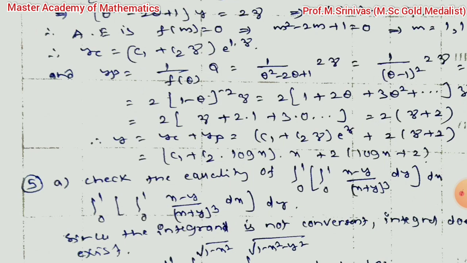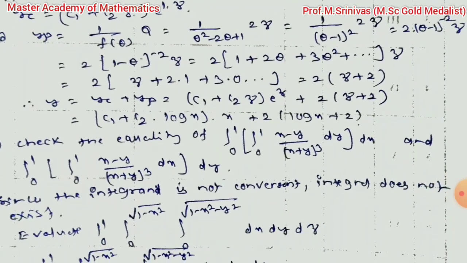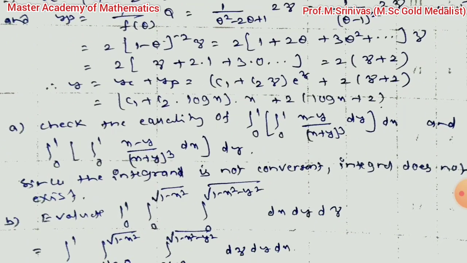Similarly, fifth a bit, check the equality of two integrals. Here it is given, and focus on the integrand whenever you want to change the order of integration. Look at the given two integrals, one is dy dx and another is dx dy. You are changing the order of integration. Generally, the order of integration can be changed only when the integrand is convergent.